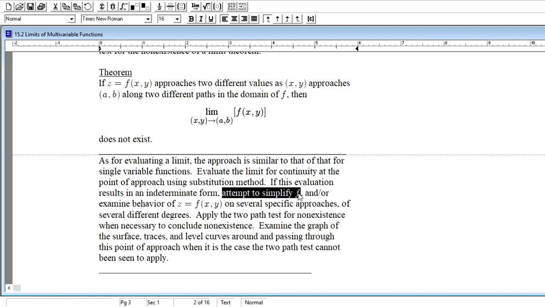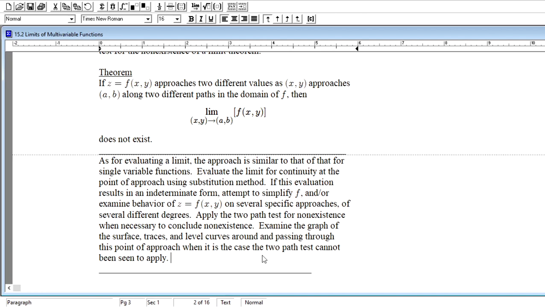Remember, sometimes you can find a factor that maybe cancels between a numerator and denominator that might make it into a similar form where substitution does apply, and/or then begin examining the behavior of z equal to f of x comma y on several different approaches if you can't get things to simplify. So I'll quickly just put that in there as that note here. All right? I will certainly illustrate all this in the notes below.